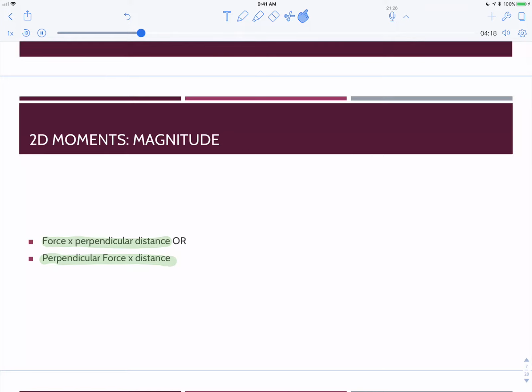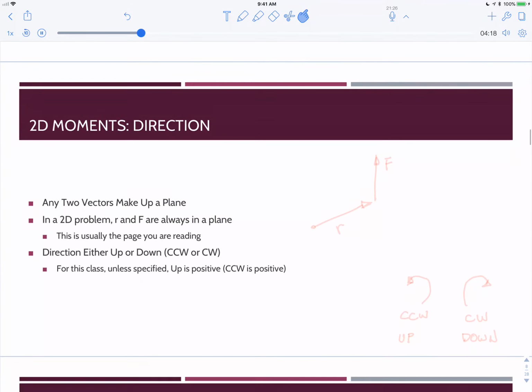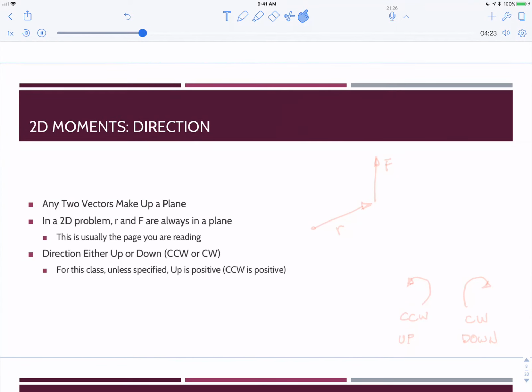As for the direction, any two vectors make up a plane. So in a 2D problem, you'll have, let's say, the distance r to the force, and then you'll have a force F. These two vectors I've drawn on the surface of my iPad, and that's the plane. If you do r cross F, remember the cross product is always perpendicular to the two vectors.